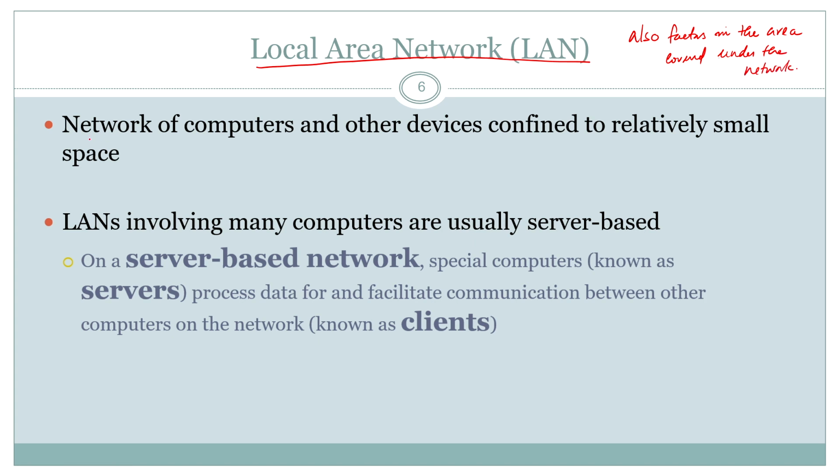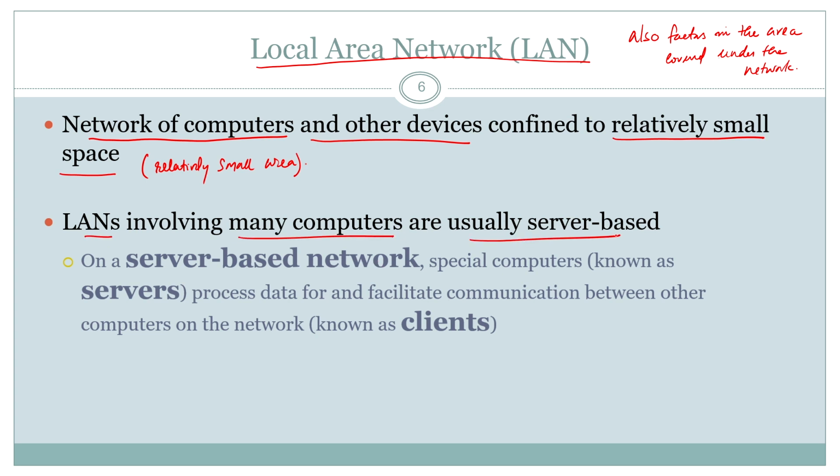So, local area network is a network of computers and other devices, but it is confined to a relatively small space or relatively small area. This does not have to be space, but the area is relatively small. LANs typically involve many computers and most of the time they are server based.